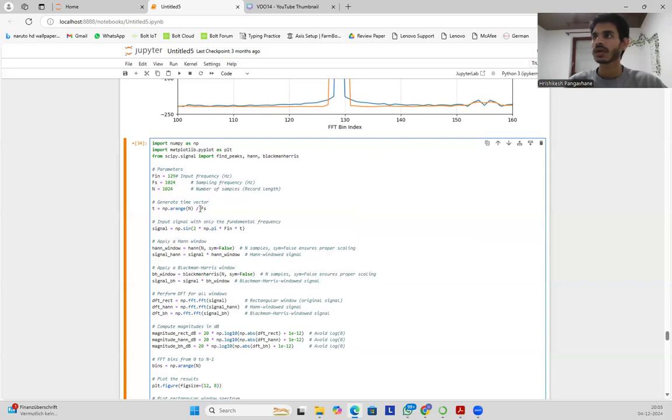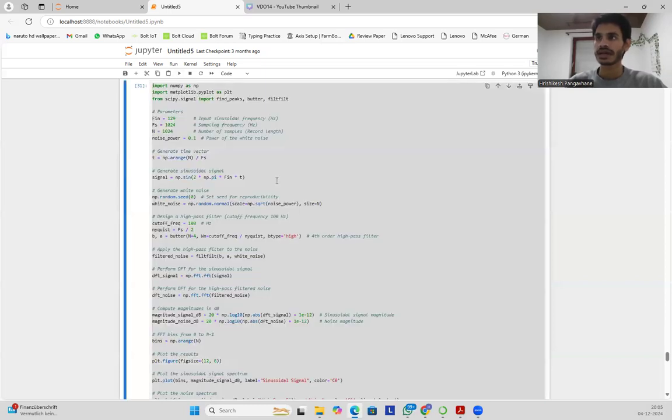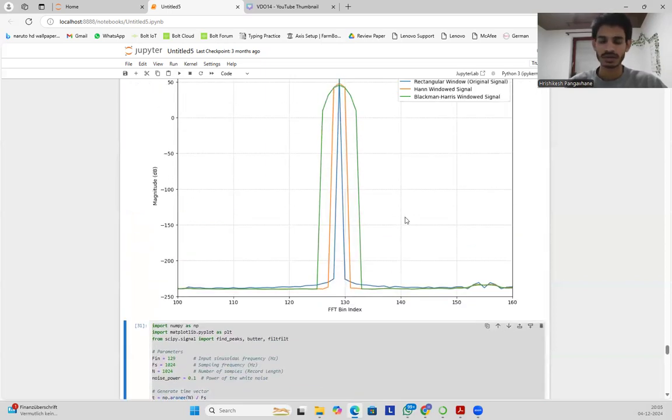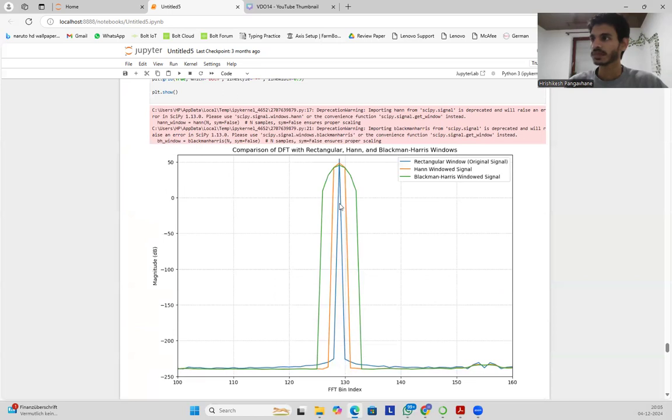If we see the case where our input signal is actually lying on the bin, then we have this rectangular window at exactly the 129th bin over here. But the orange curve is taking three bins.